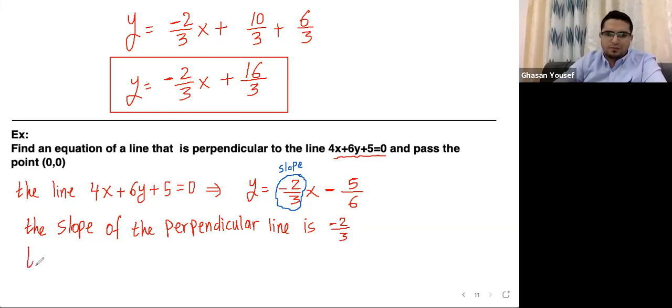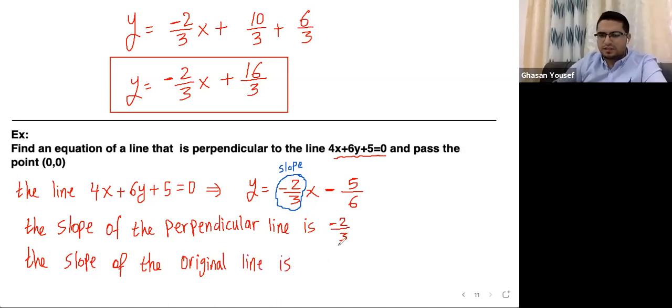Now the slope of the original line, or the question line, is found by multiplication: -2/3 times m2 equals -1.